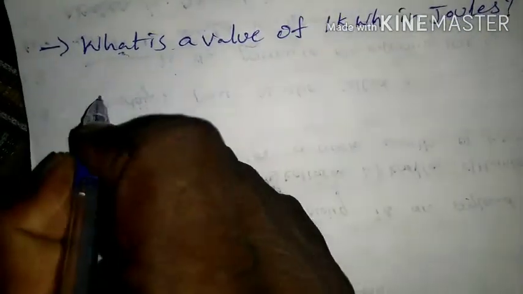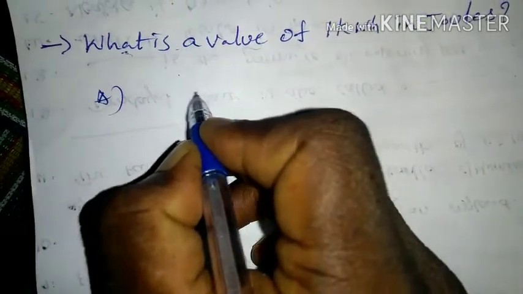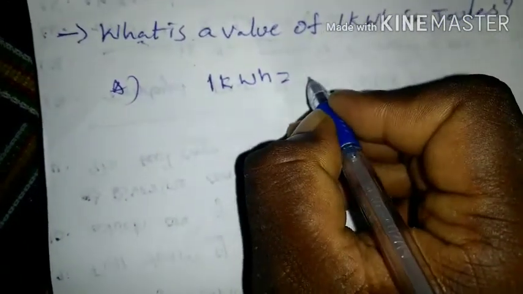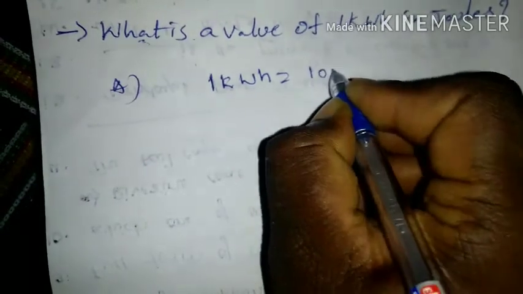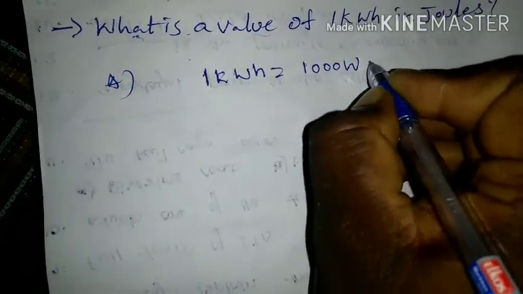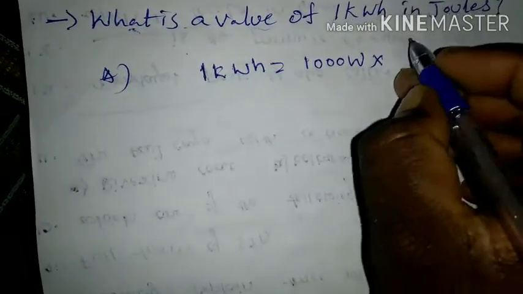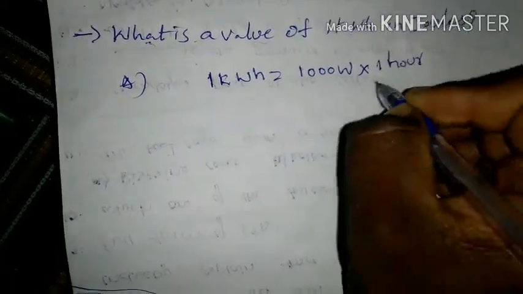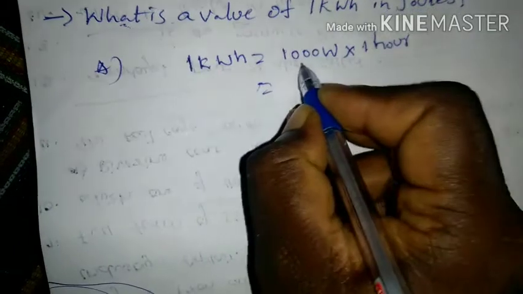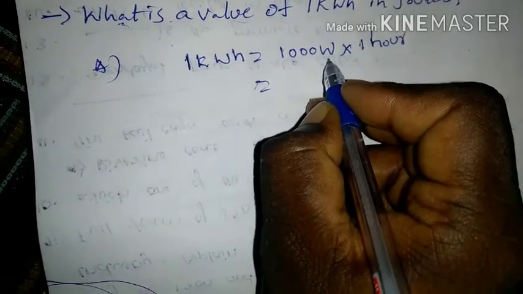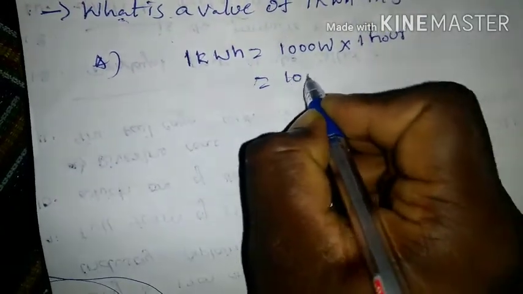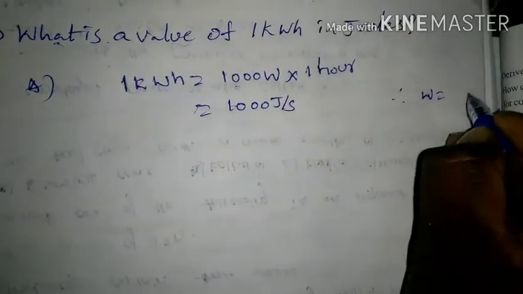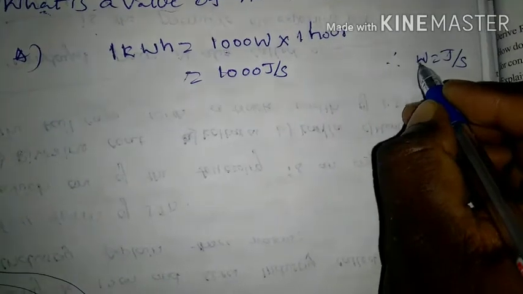Answer: 1 kilowatt hour is equal to 1 kilowatt, 1000 watts, into 1 hour. 1000 watts means 1000 joule per second, since watt is equal to joule per second.